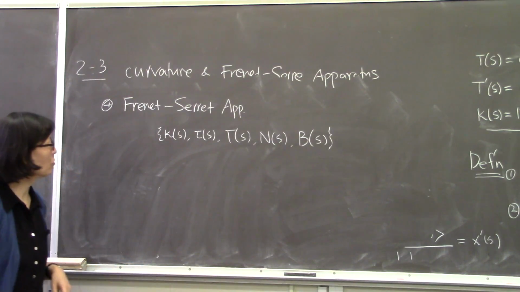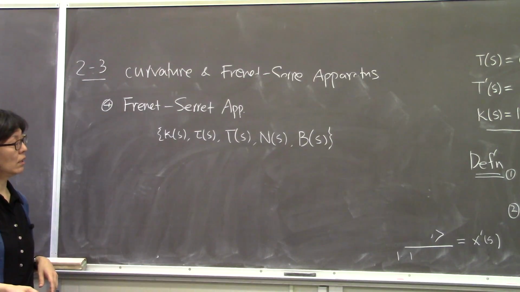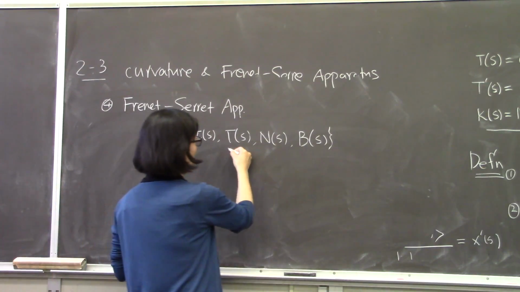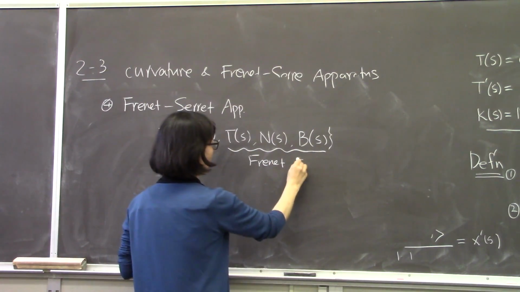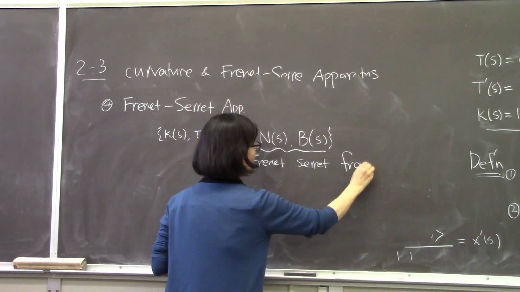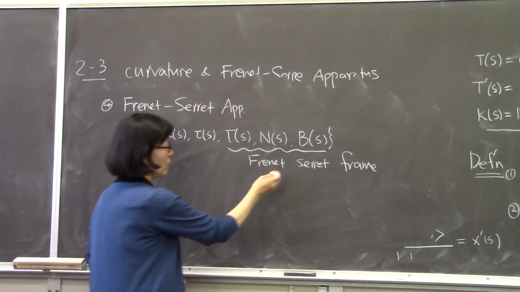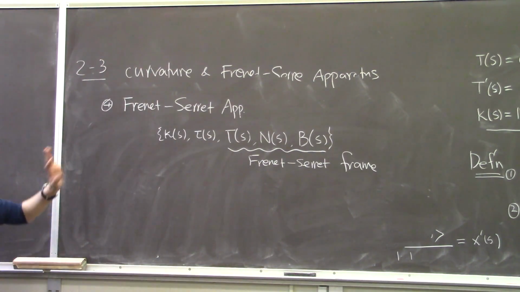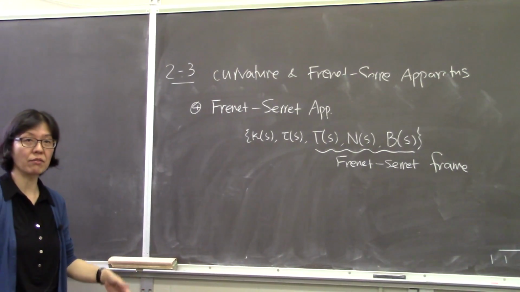So these are called the Frenet-Serret apparatus. And here T, N and B we call the Frenet-Serret frame. Two French mathematicians found this one. It is a very powerful and useful tool to study curves in R3.